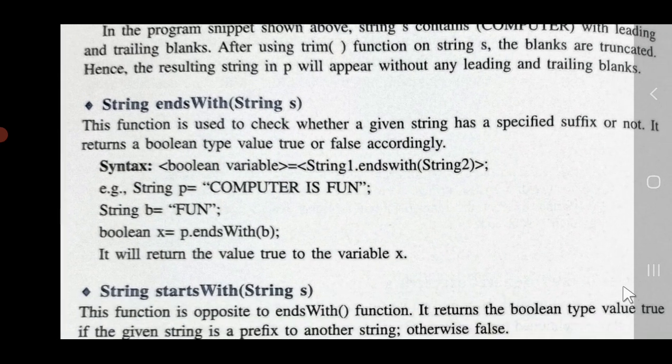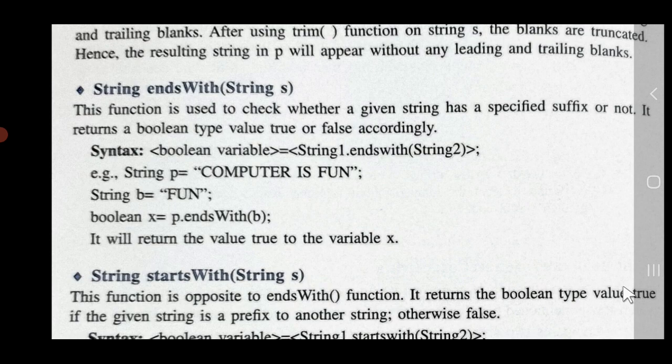After that, a very easy function, that is endsWith and startsWith. The endsWith function checks whether the string upon which this function is called ends with the string s, which is a parameter. It is used to check whether a given string has a specified suffix or not. It returns a Boolean type value, true or false accordingly.